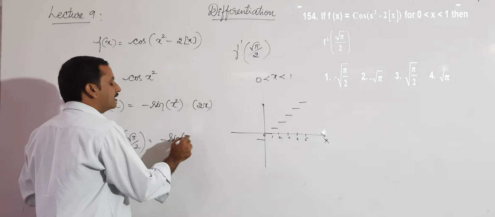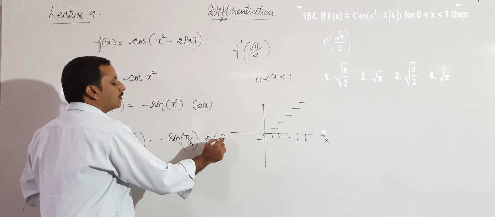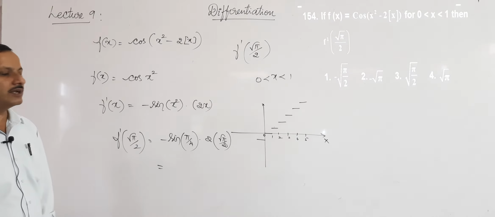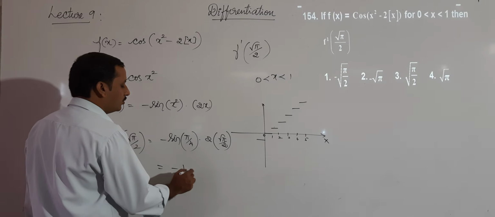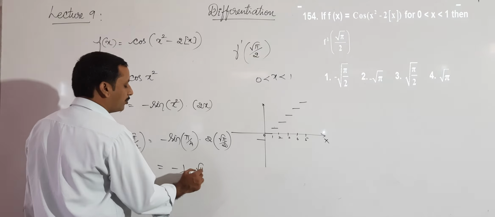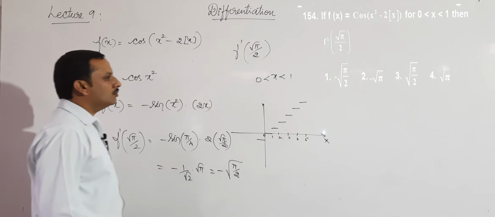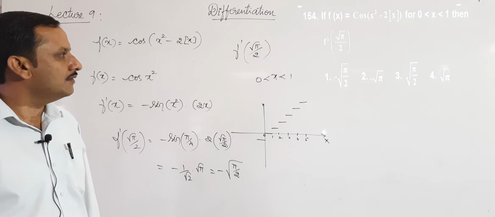That means you get pi by 4 into 2 into root pi by 2. 2 gets cancelled. Sin pi by 4 is 1 by root 2. So minus 1 by root 2 into root pi. That can be written as minus of root pi by 2, which is the first option.